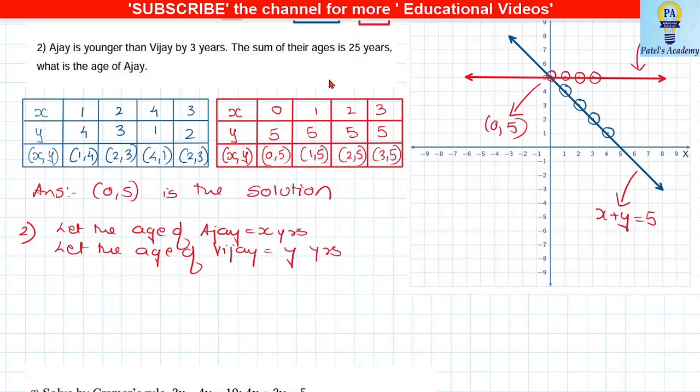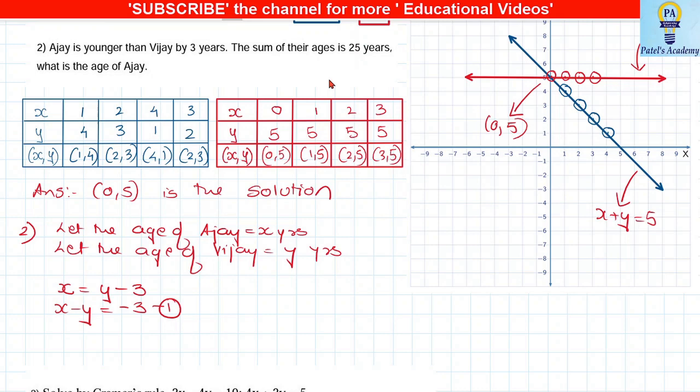Now see the first condition they have given. Ajay is younger, so younger means less. So x equals y minus 3. Ajay is younger than Vijay by 3 years, that is why minus 3. So what I get is x minus y equals minus 3, the first equation.